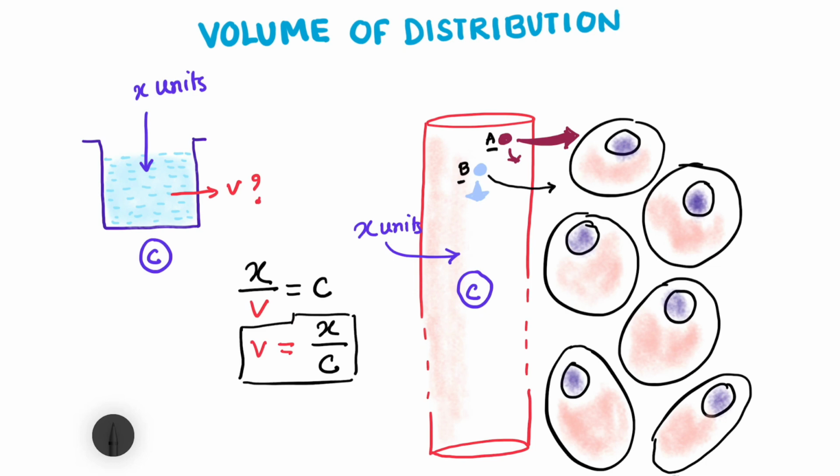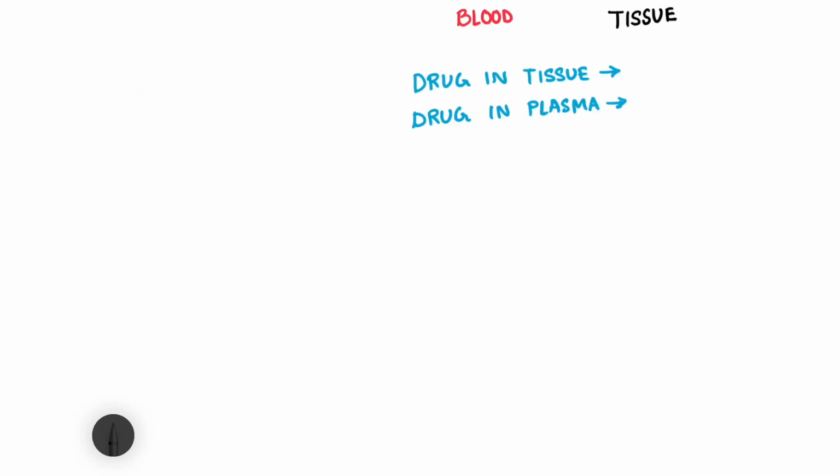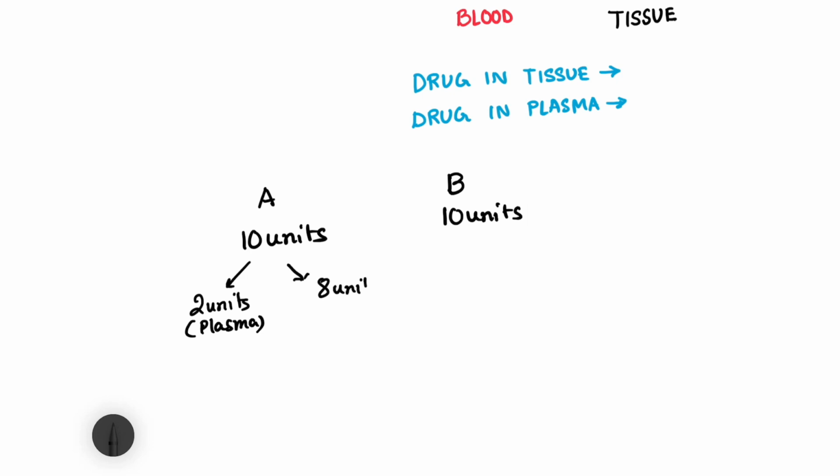Now we will try to understand how this expression will help us in understanding the localization or distribution of drugs. For example, let us take the two drugs that we discussed, drug A and drug B. Suppose we administer 10 units of drug A in the human, and we also administer 10 units of drug B. Out of that, we see that 2 units of drug A remain in the plasma, whereas 8 units go into the tissue space.